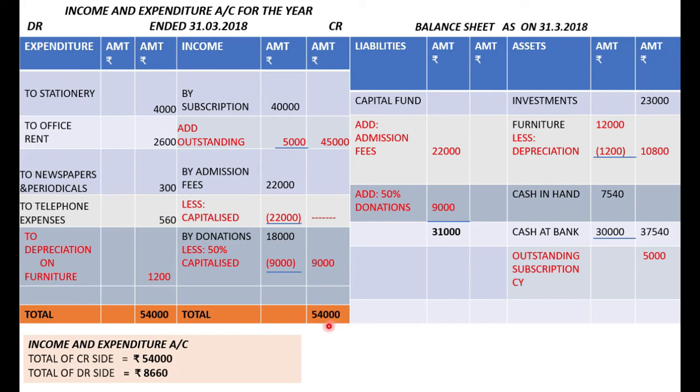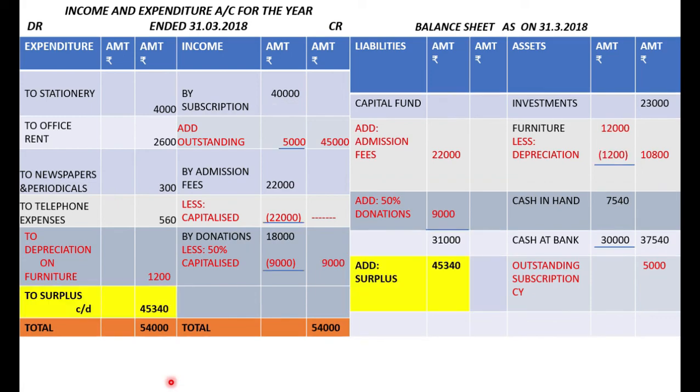From this 54,000, we will subtract the total of our debit side, that is rupees 8,660. We will get 45,340. It is called a surplus. So we'll write here to surplus carried down.